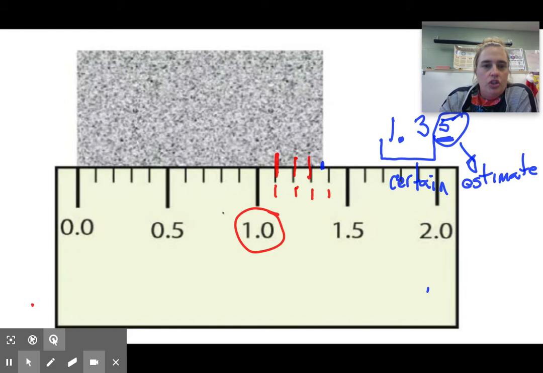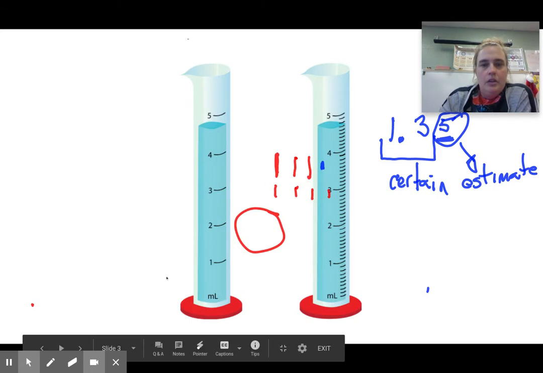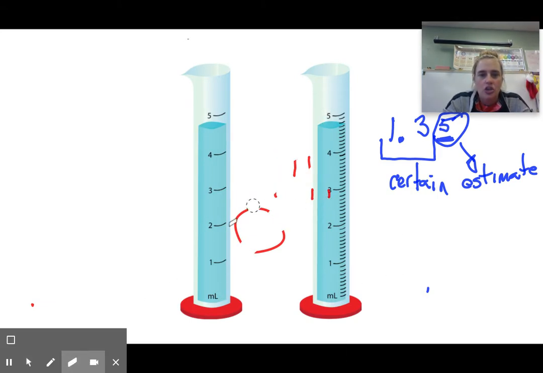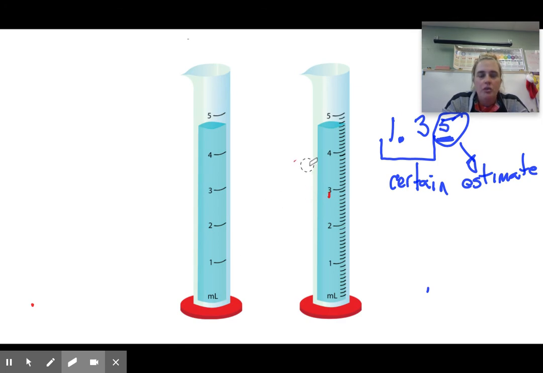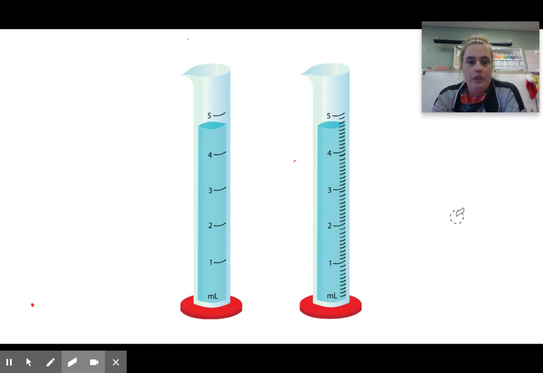So let's go to another one. Let's take a look at this one. If you look at these two beakers, you will notice a few things. Number one, the one on the right has a lot more tick marks than the other.